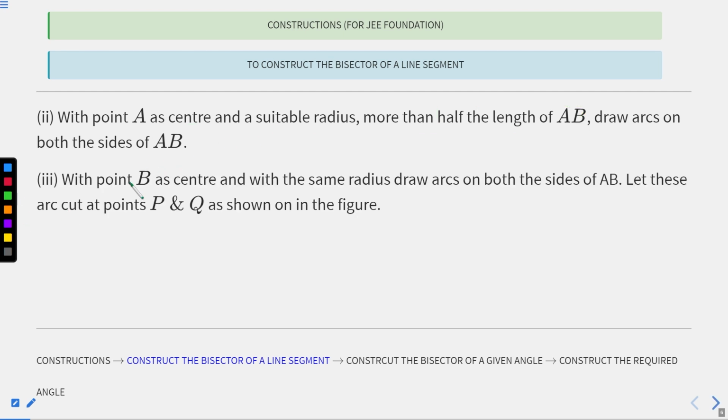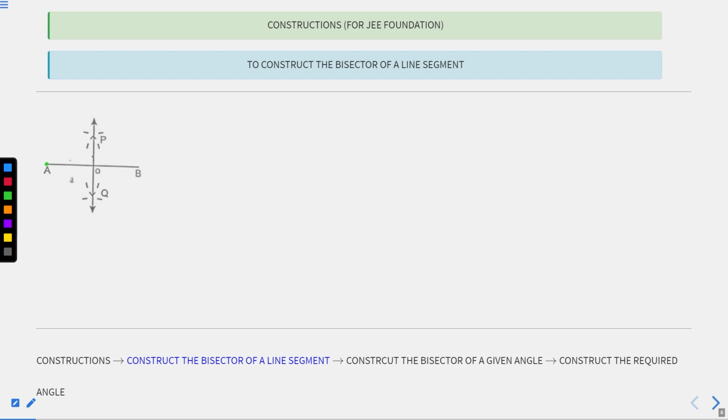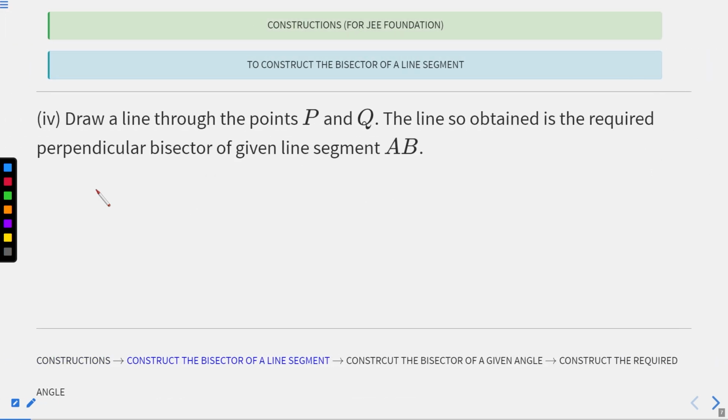Afterward, with point B as our center and the same radius as before, draw arcs. Both arcs cut at points P and Q, as shown in the figure. Let me show you the figure: A is our center and the first arc is this, B is our center and the second arc is this, and joining the intersection points P and Q, we get our perpendicular bisector. I hope this is clear.